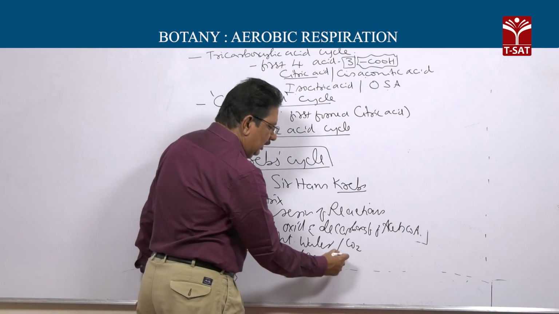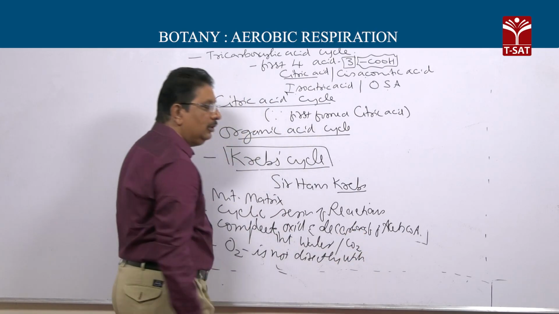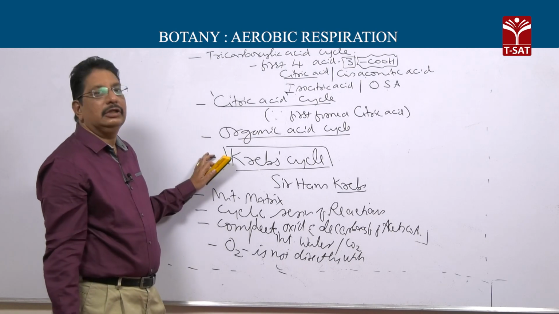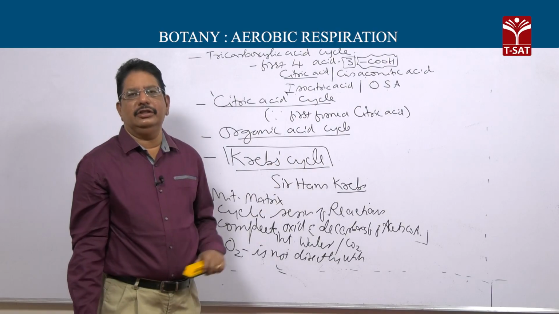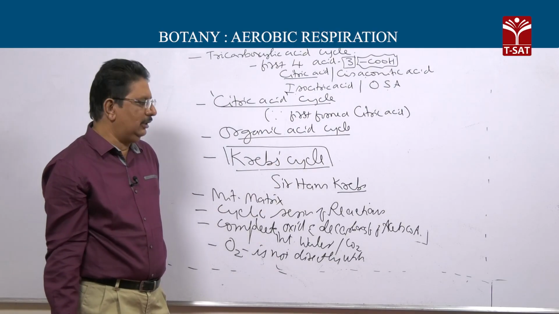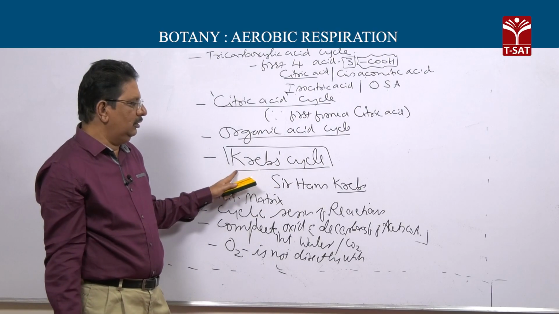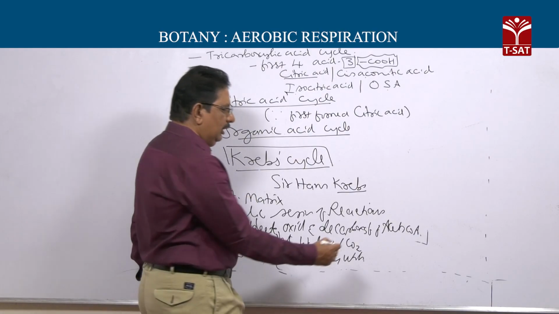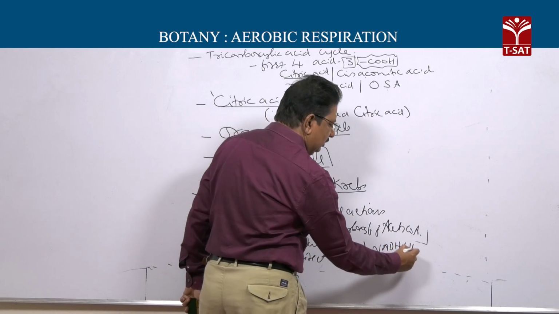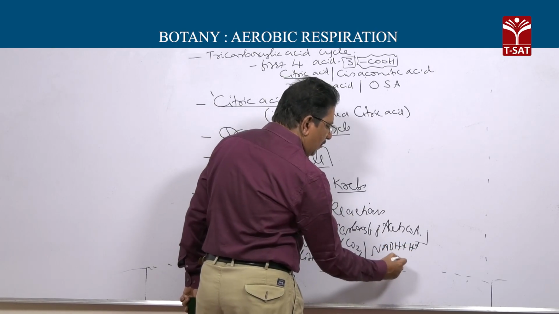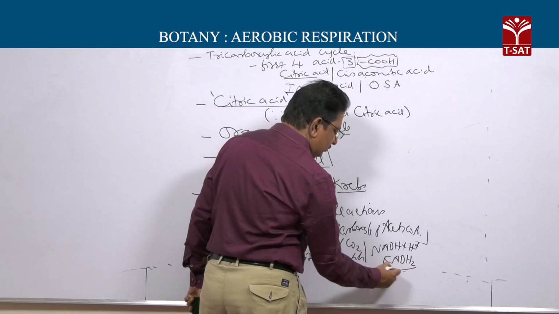There is no direct utilization of oxygen during the Krebs cycle, but the glucose energy is very much liberated during the Krebs cycle, and it is stored in NADH plus H plus and also FADH2s.